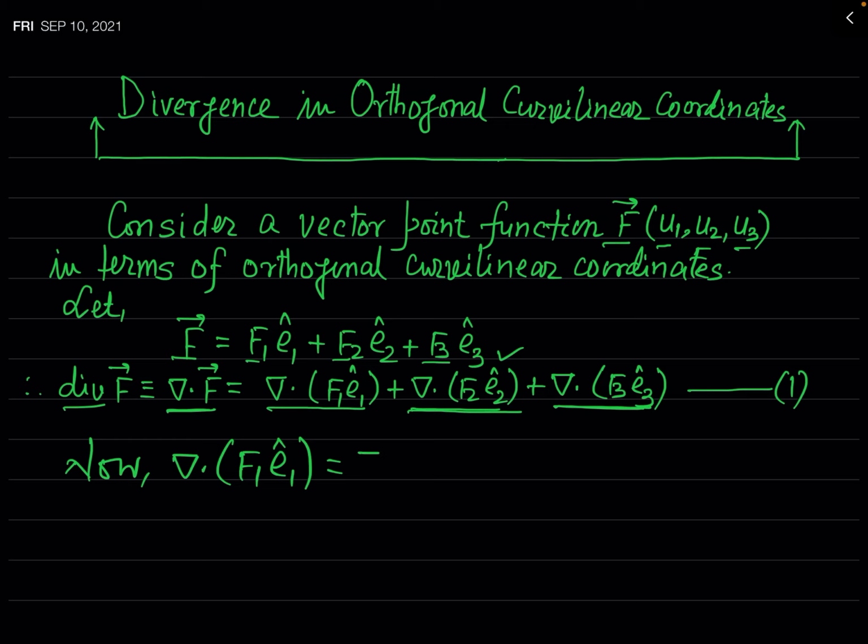As you have seen in the earlier lecture, this e1 hat unit vector is equal to h2 h3 times del u2 cross del u3.